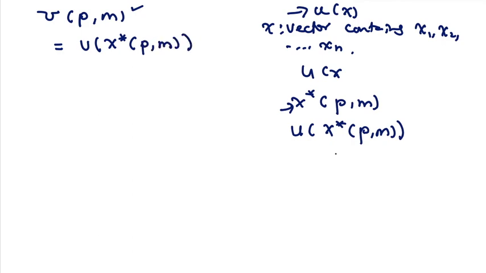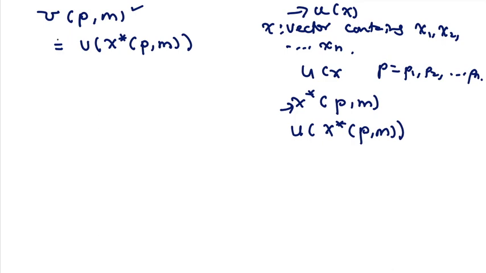A vector of prices here consists of P1, P2 until Pn, depending on how many commodities, how many N. Okay, so what should we do here? Like I said to you just now, we need to prove that if there is a one unit change in income, then the marginal utility is positive.